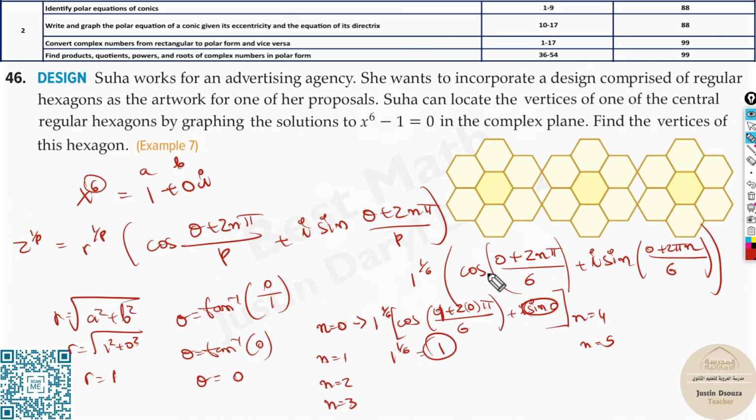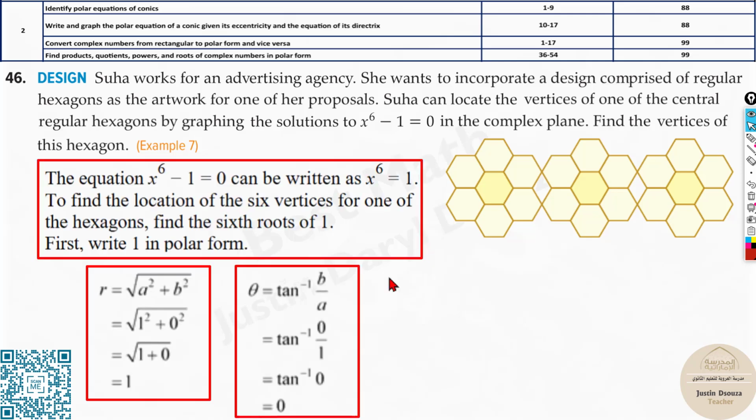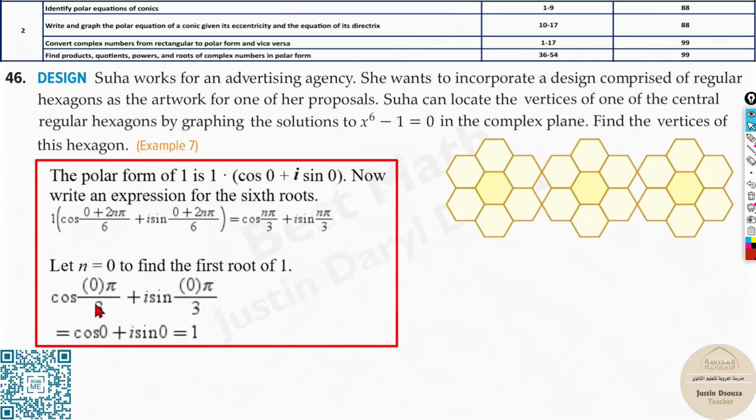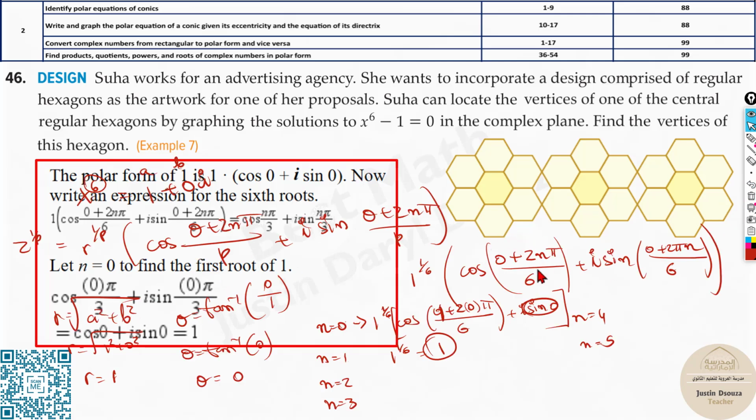But it will not be the same thing for the others because this n is 0 now. But in the next case, it will become 1. Let's look at the solutions over here. See, that is 1 and 0. After that, what we do is we substitute. Okay, now they have simplified. Now you can use the same formula every time, or you can get the reduced form and then solve it.